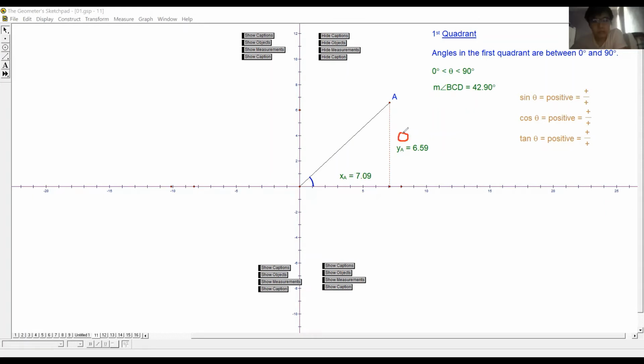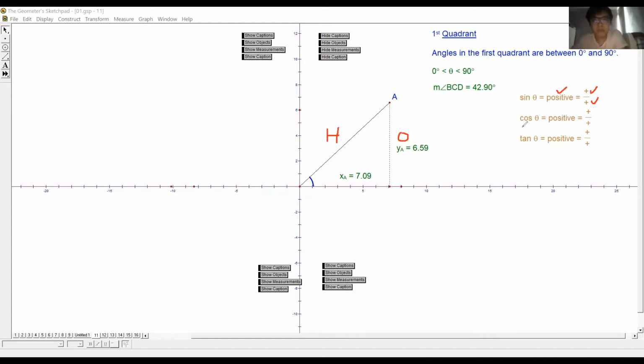So this is our opposite, this dotted line, and this is our hypotenuse. The opposite is the y coordinate, positive 6.59. The hypotenuse is always positive. So the sine of the angle in the first quadrant is a positive number.